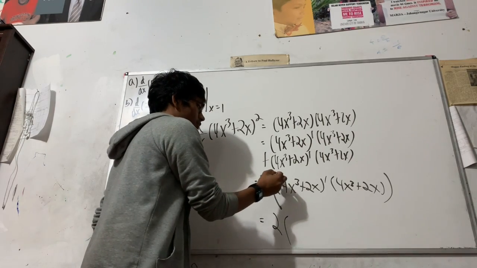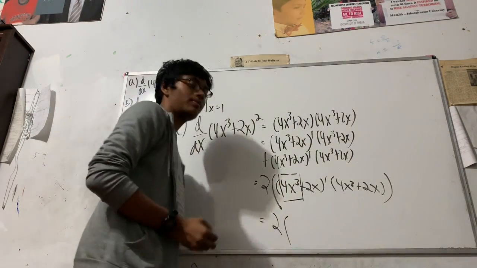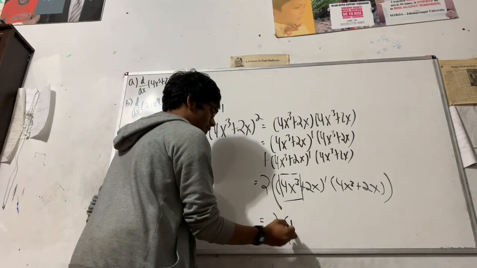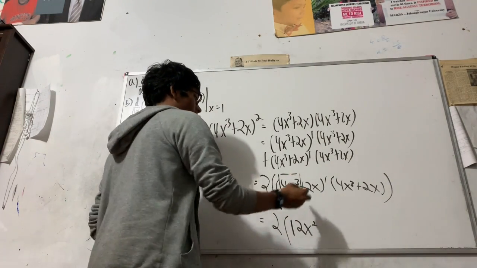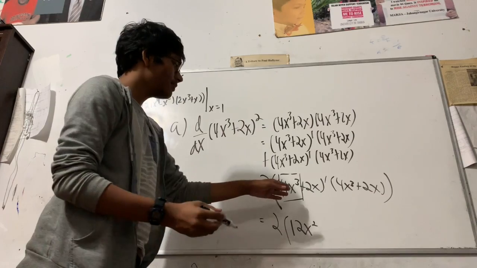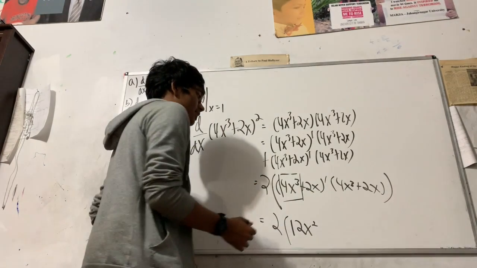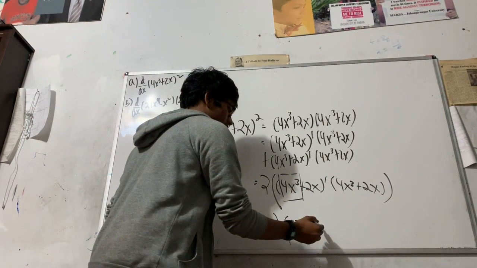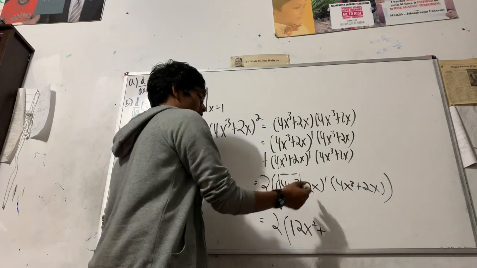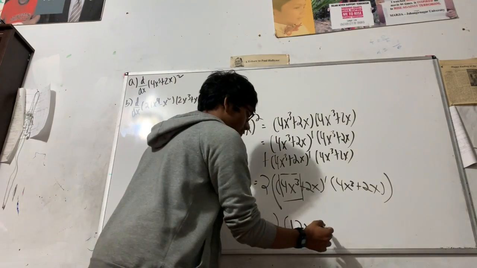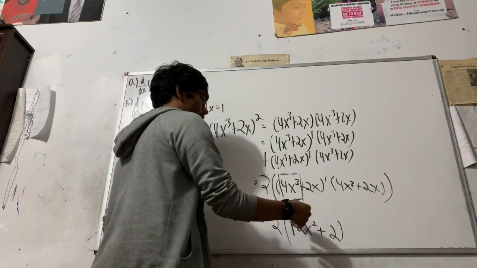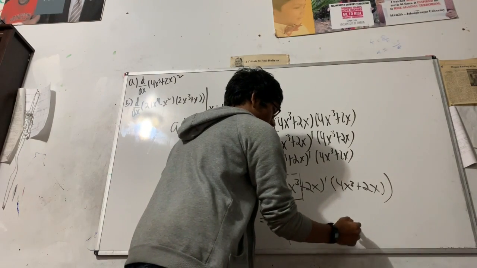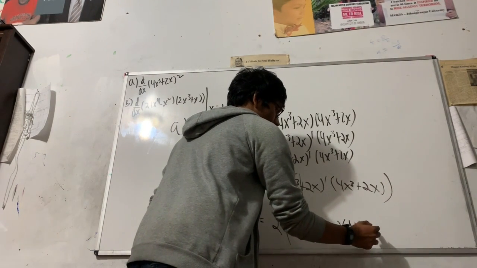Using the power rule, I know that 4x cubed is simply going to become 12x squared, right? Again, the derivative of a sum is the sum of two derivatives, so I can use that to simply write plus. The derivative of 2x is simply its coefficient, 2, and I'm going to multiply all of this by 4x cubed plus 2x.